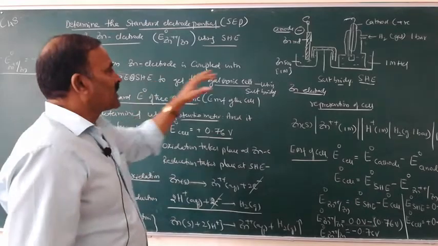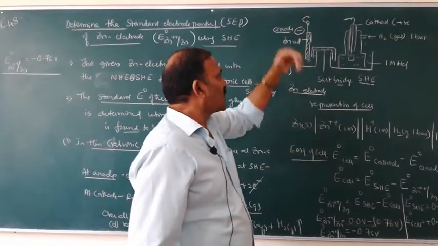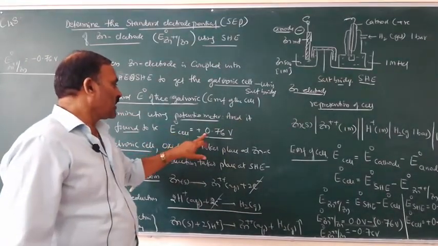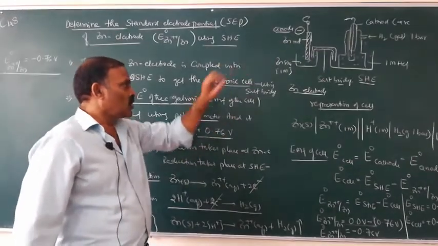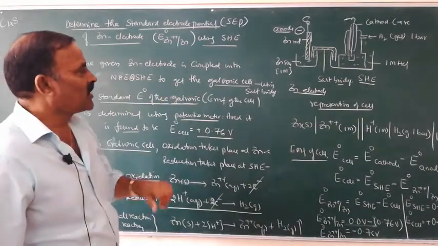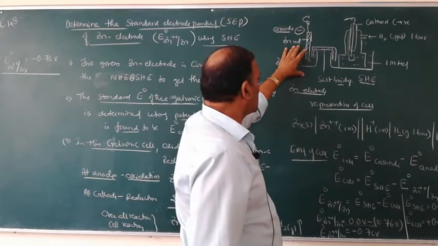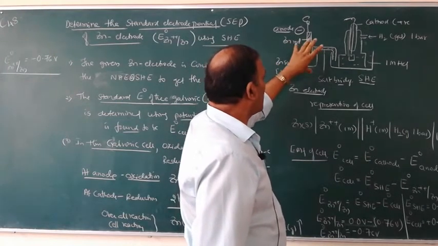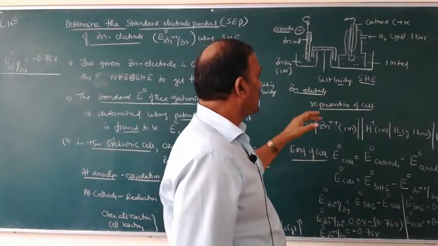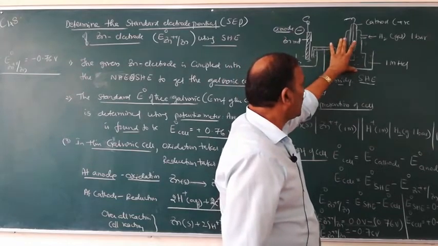Next, the standard EMF of this galvanic cell is determined using a potentiometer and its value is found to be 0.76 volts. Third, in this galvanic cell, the zinc electrode is the anode where oxidation takes place and it should be written on the left, and reduction takes place in SHE, which is the cathode, and it should be written on the right.